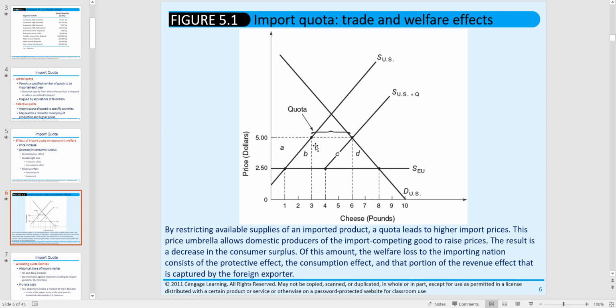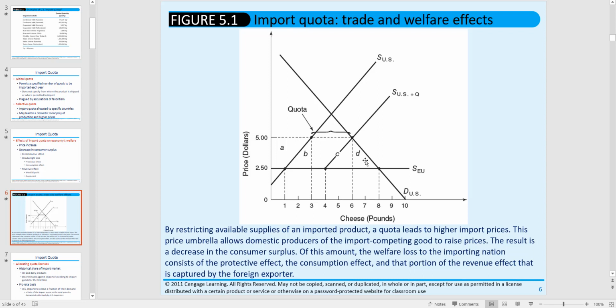But in reality, this value depends on how much money the government was actually able to collect in that auction for the licenses to import this cheese. But the grand conclusion is that there's still definitely a deadweight loss, and that deadweight loss is equal to, again, the protective effect plus the consumption effect in the case of a small economy.